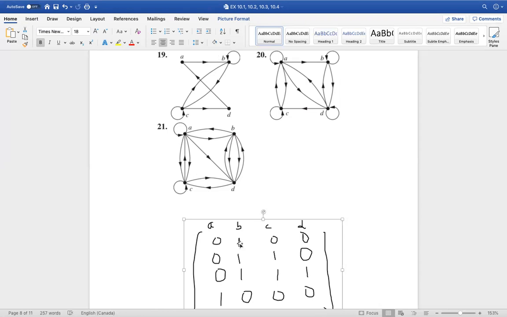So we put 1 there. Now we check for C. Does A have an edge going from A to C? It does not. So we put 0 here. For D, does A have an edge going from A to D? It does not. Therefore we put 0 here.